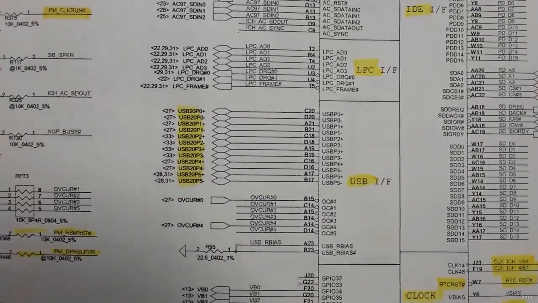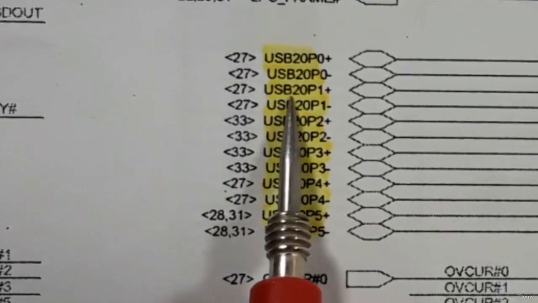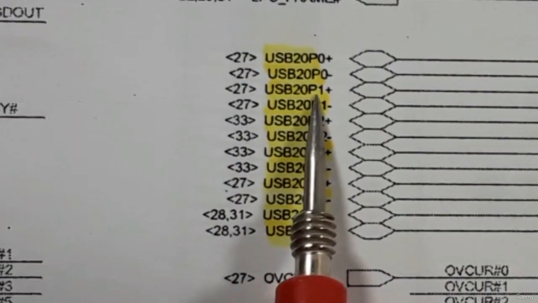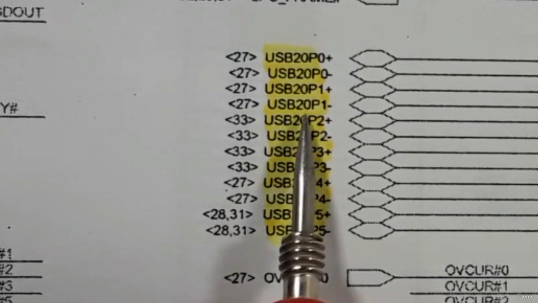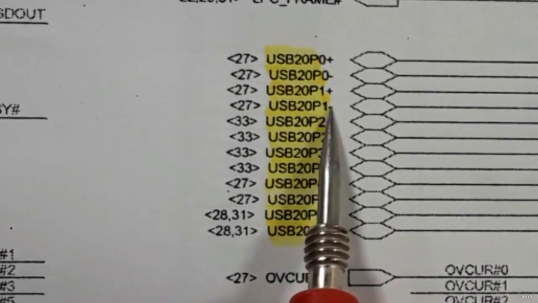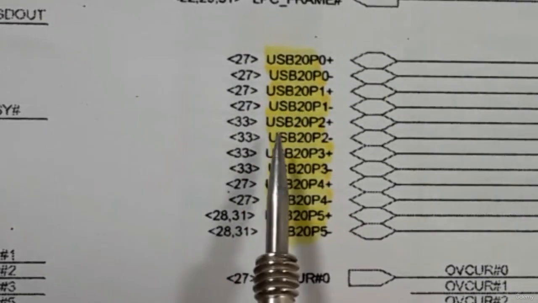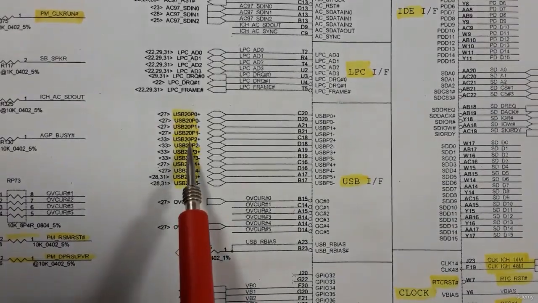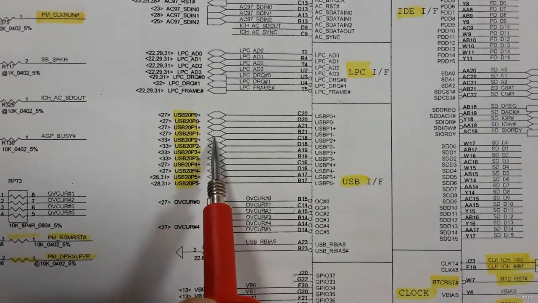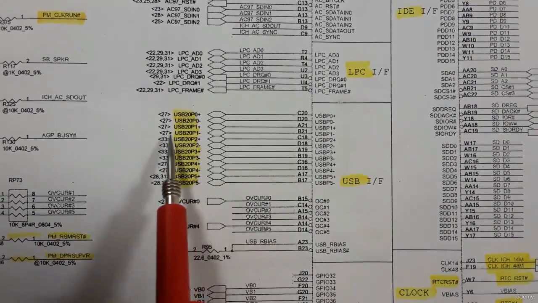As you can see here, we have USB 20 P1 plus and USB 20 P1 minus. This is data minus and data plus for the USB connector, and they go in both directions.